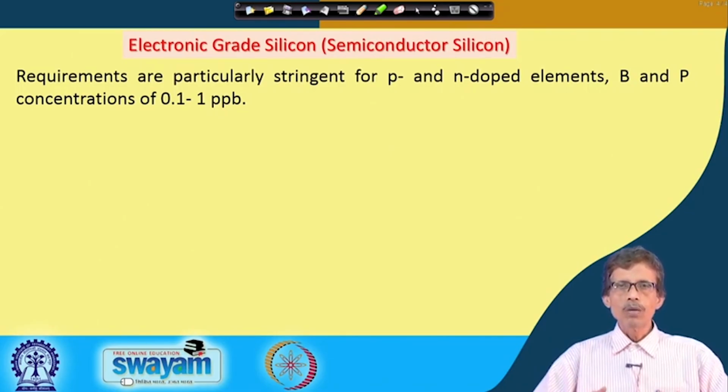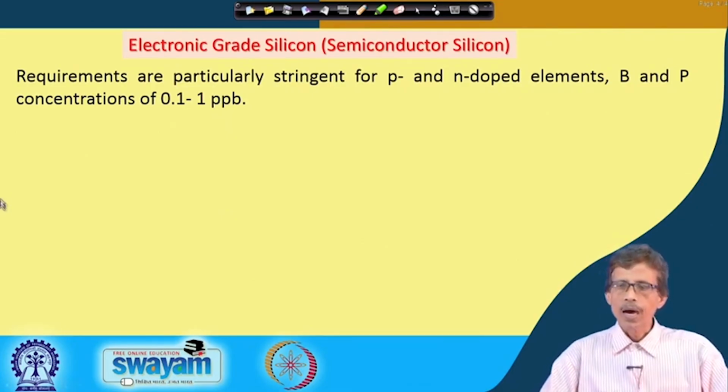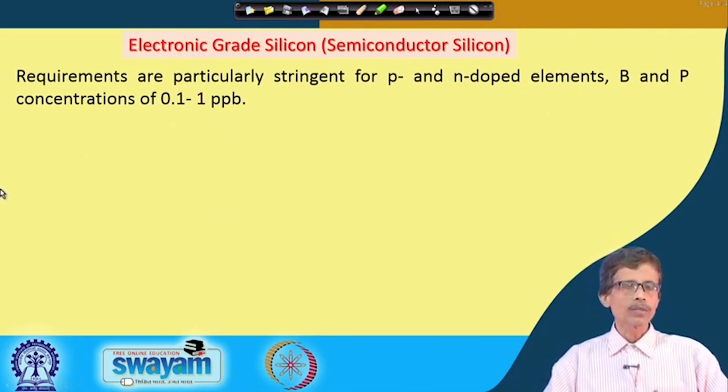That means the whole bulk material is silicon, and we can have some dopants to get a p type or n type semiconductor, which will be useful for its application electronically. So, the dopants are p type or n type elements, boron and phosphorus, up to a concentration of 0.1 to 1 ppb.